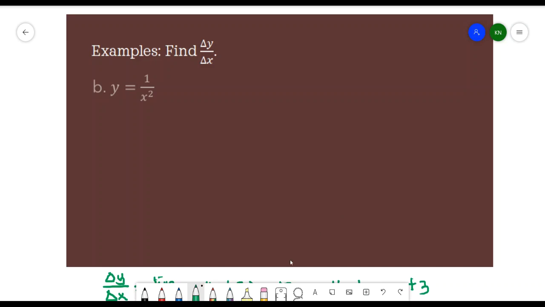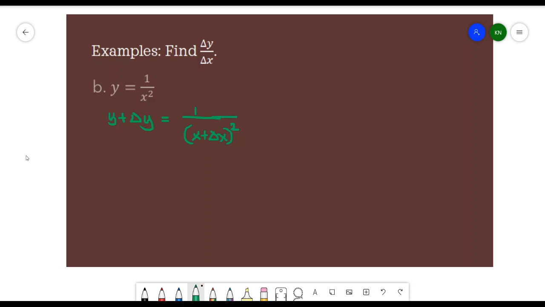So we have here, find the delta y over delta x of y is equal to 1 over x squared. So from here, we need to follow the same process all over again. So we have y plus delta y is equivalent to 1 over x plus delta x squared.